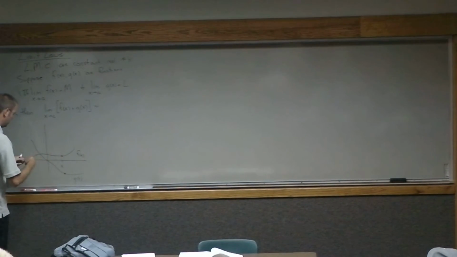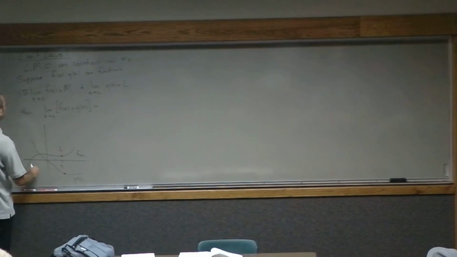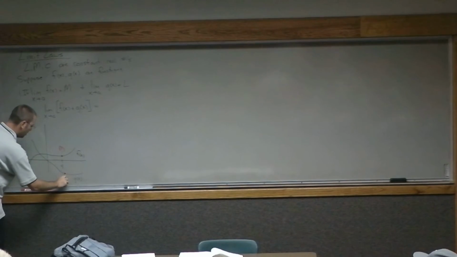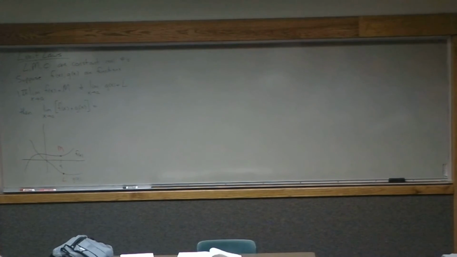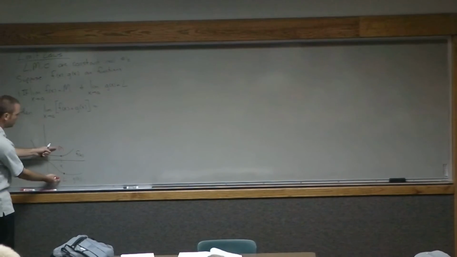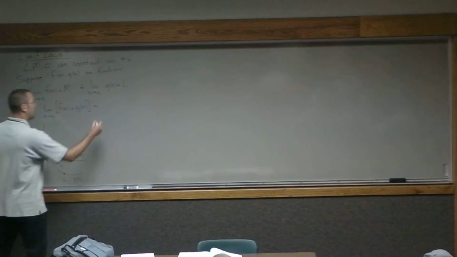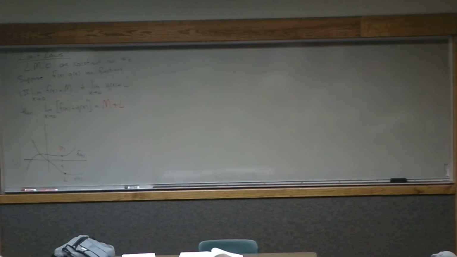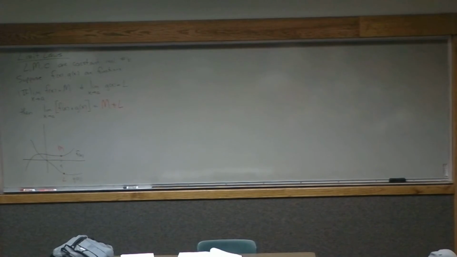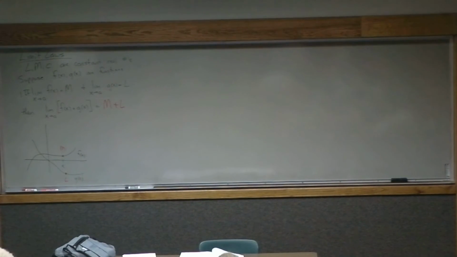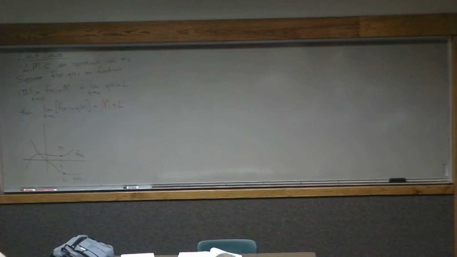This is L, or M, I guess. Did I say M? Sorry. If that's M, and that's L, how do I find f plus g of x? Add these two things, right? So the limit must have the same properties. If both of these functions have a limit at x equals a, if I add the two functions together and then take the limit, that's the same thing as taking the limits and adding them together.